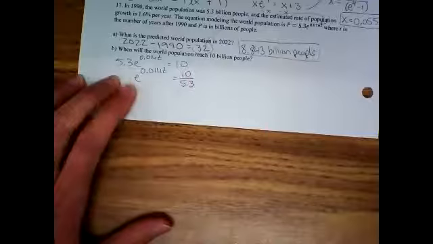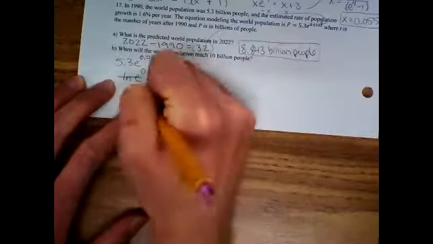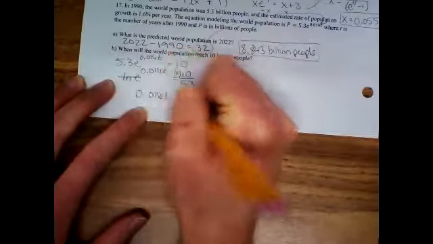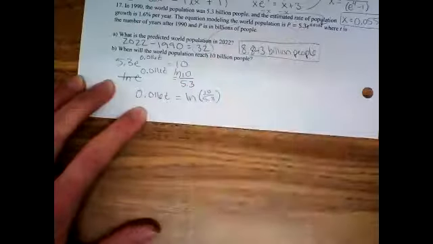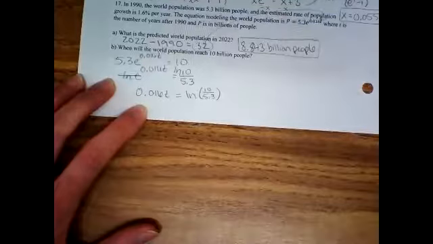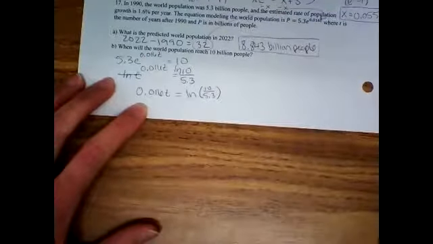How do you cancel out e? ln. We're going to ln both sides to get those to cancel out. So you will have 0.016t equals ln of all the rest of that. I would put some parentheses around that. Give that a hug. The 10 over 5.3.